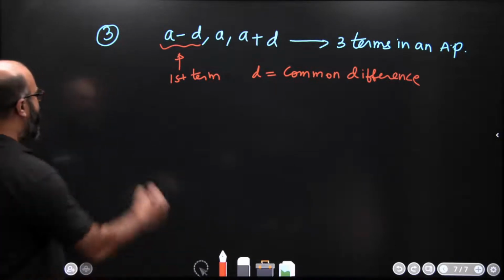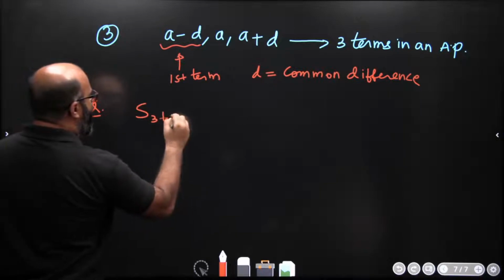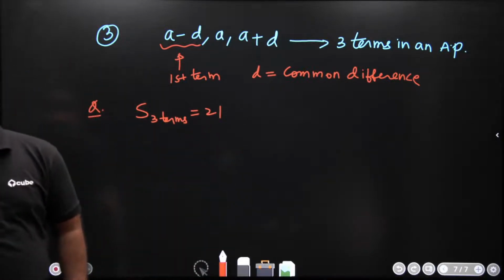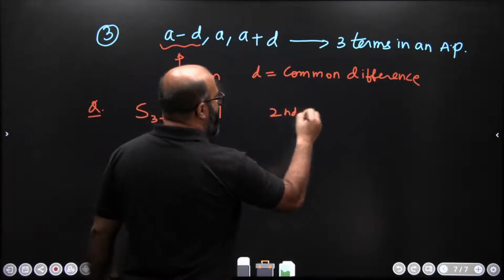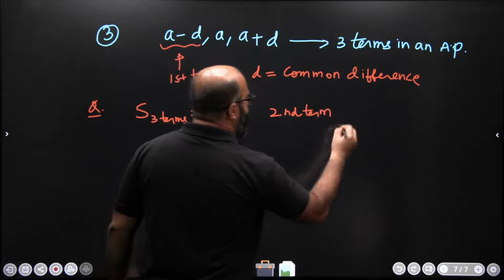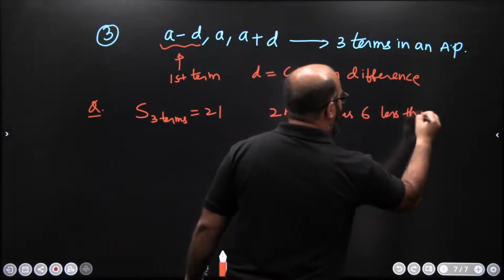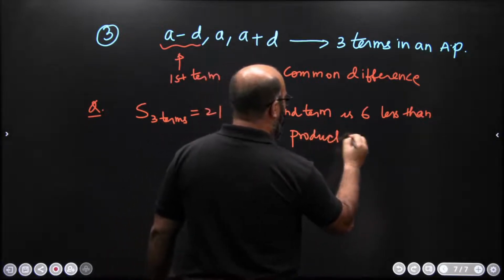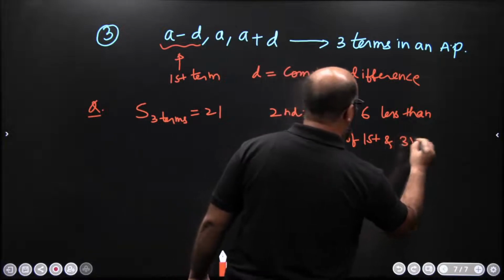It is given that in an AP, the sum of three terms of the AP is equal to 21. And it is further said that the second term is 6 less than the product of first and third term.